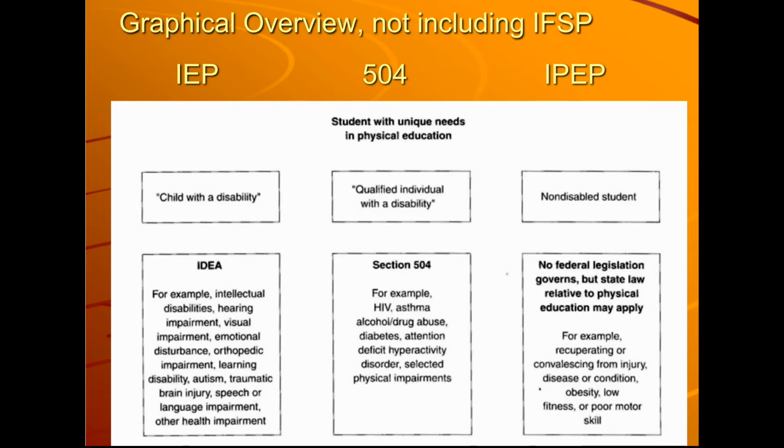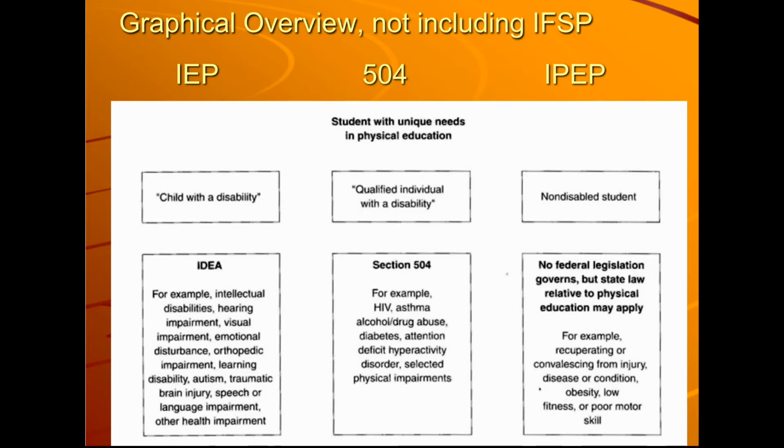So, under IDEA, those who are qualified to receive an individualized education program are students with intellectual disabilities, hearing impairment, visual impairment, they have emotional disturbance, they have orthopedic impairments, they have learning disability, they belong to the autism spectrum disorder, they have TBI, they have speech or language impairment, or other health impairments that might not enable them to join the general physical education.